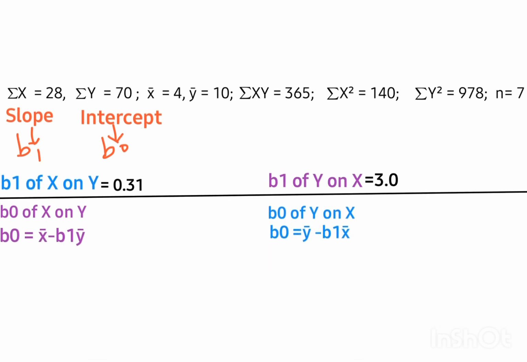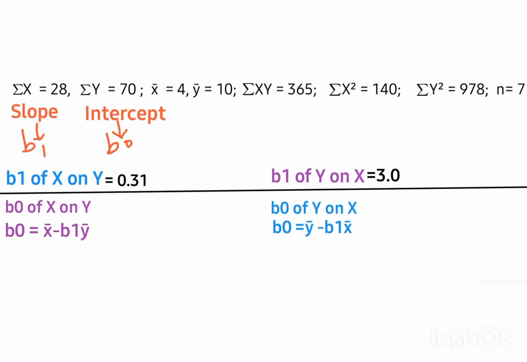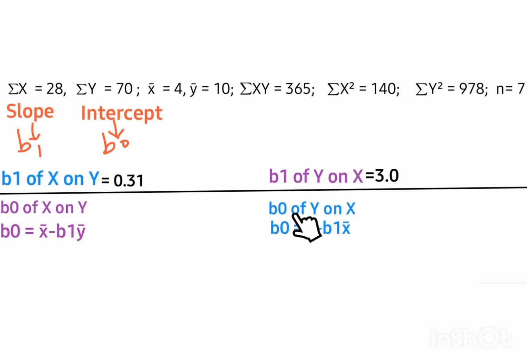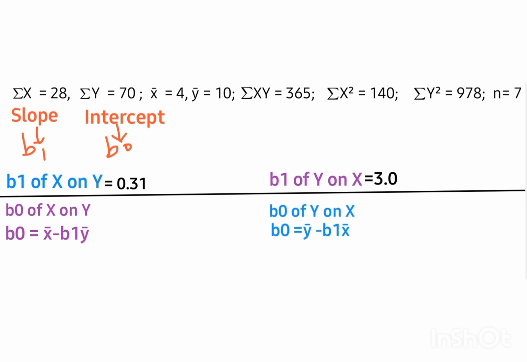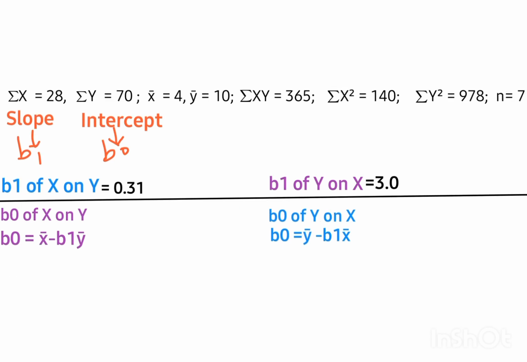On the other hand, the intercept of y on x equals mean y minus b1 times mean x. So we're going to substitute all the values we've gotten here into our formula. Here we go now. b0 equals mean x.